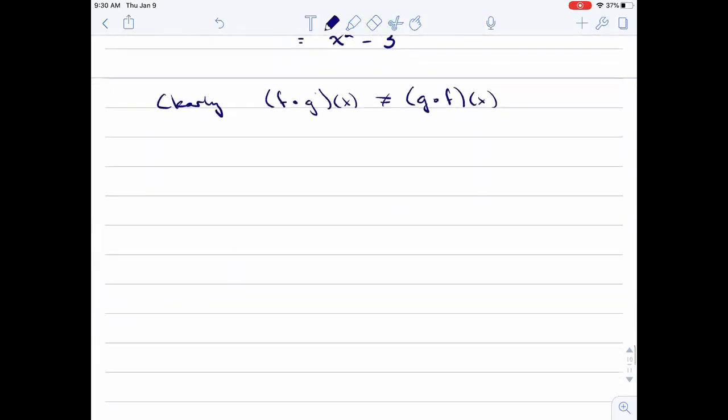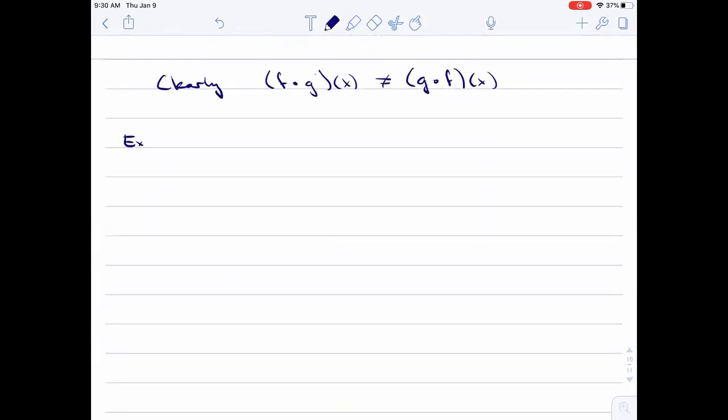How about instead, we'll have a look at if f of x is the square root of x. So now the domain of f says that I can't take the square root of a negative number, so I have to keep that in mind. And g of x is again the square root, but of 2 minus x. So now 2 minus x can't be a negative number.